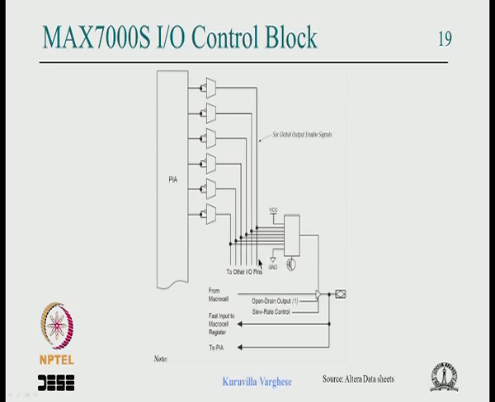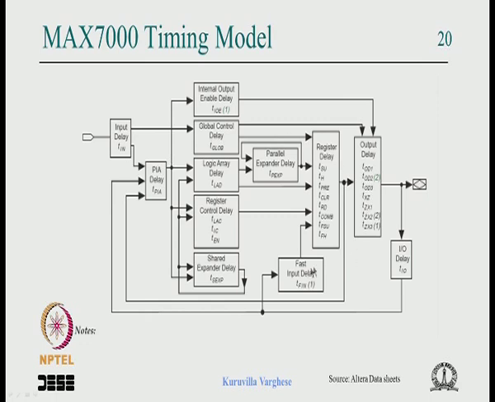That adds to the flexibility, and we have seen the timing model, which is very simple because between any logic blocks there is only one crossbar connection, and all of this is specific to the macro cell. So the timing analysis is simple, and the end-to-end timing is quite fast compared to an FPGA. But since this device is not very popularly used, it may not be fabricated in the latest device technology.